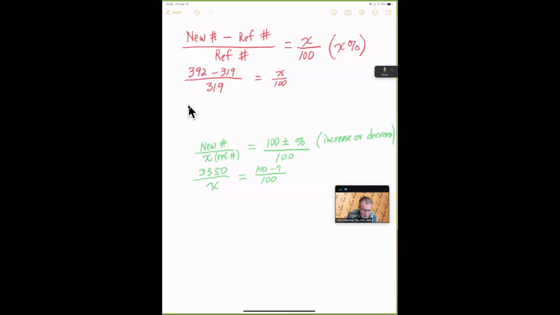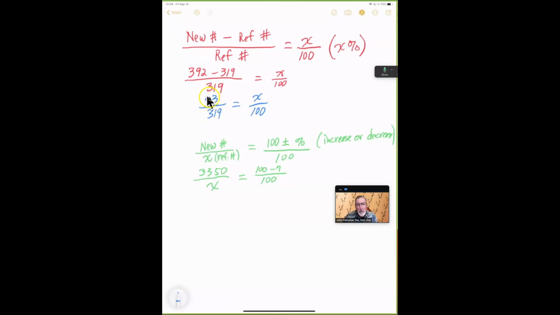So let's jot that down. Let me just write all the steps out. So 392 minus 319 is 73. 73 over 319, and that we are setting equal to X percent, right? X percent, X over 100, that's X per 100. That's the same as doing percent. So we set these two equal to each other to calculate what percent 73 is of 319.